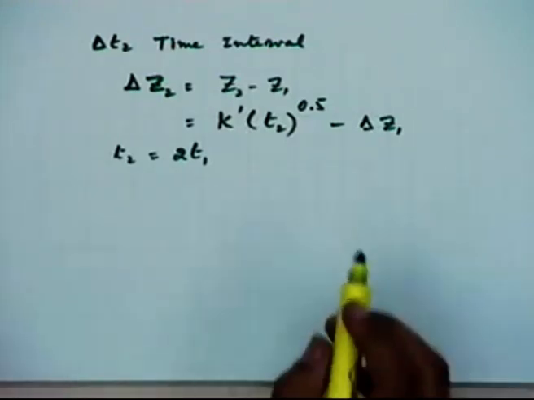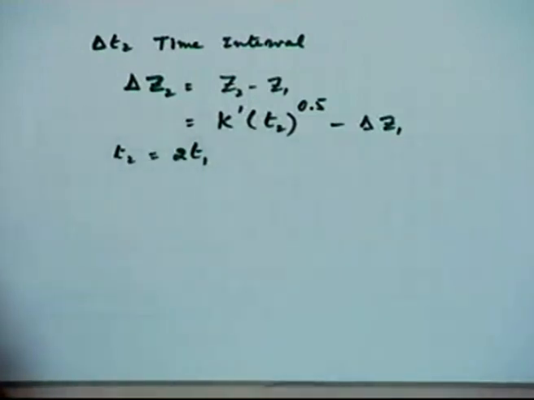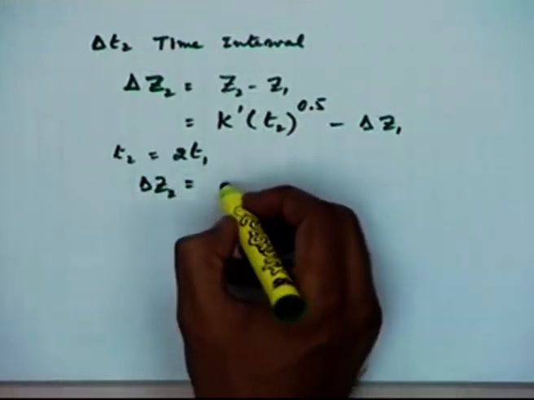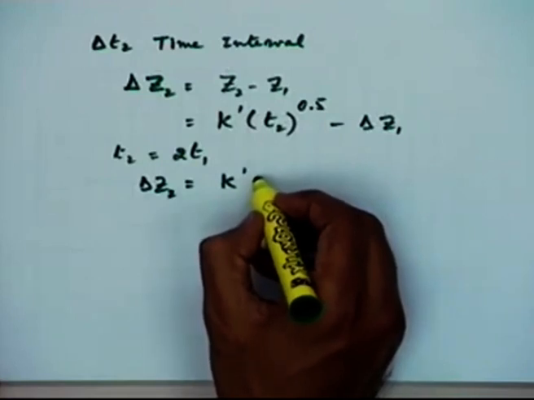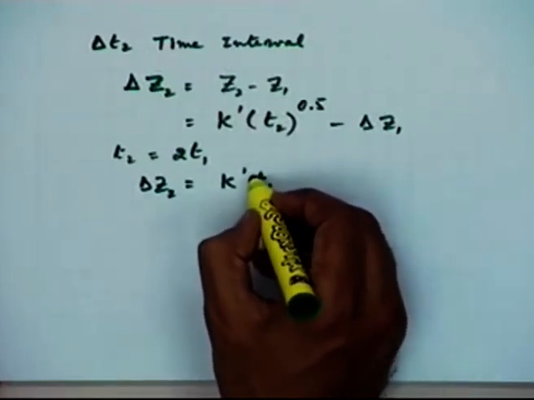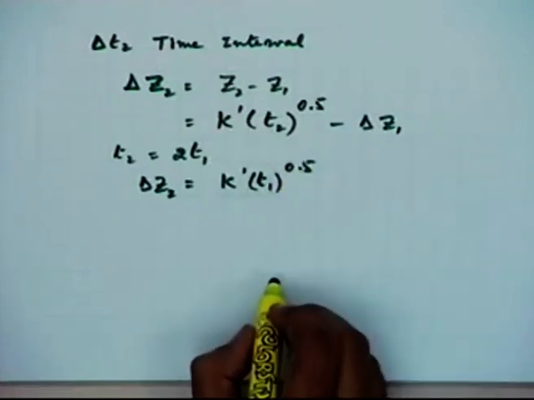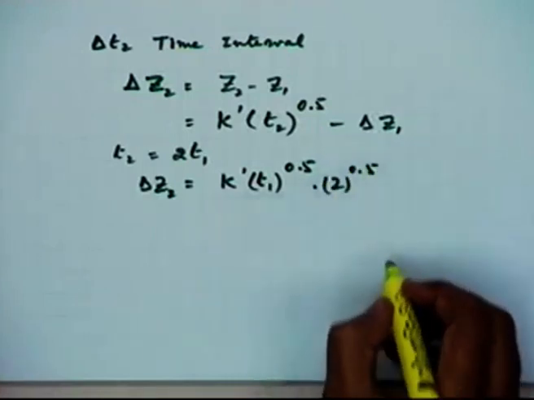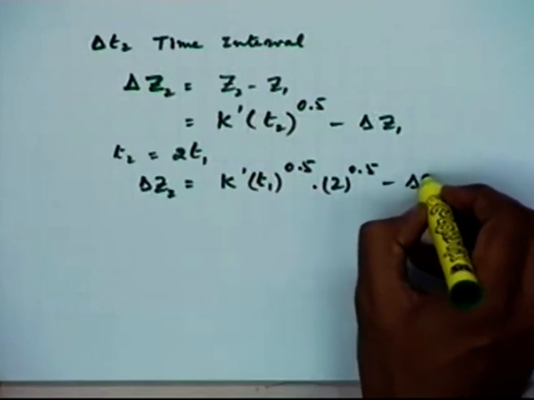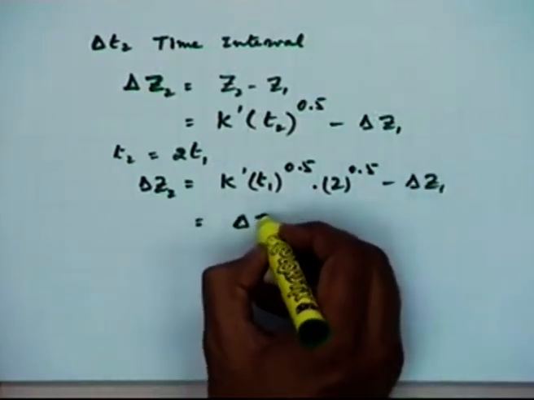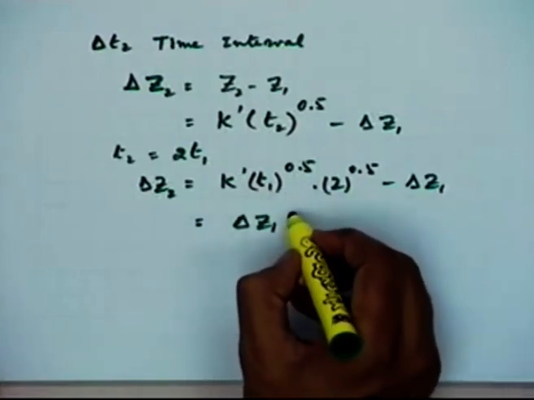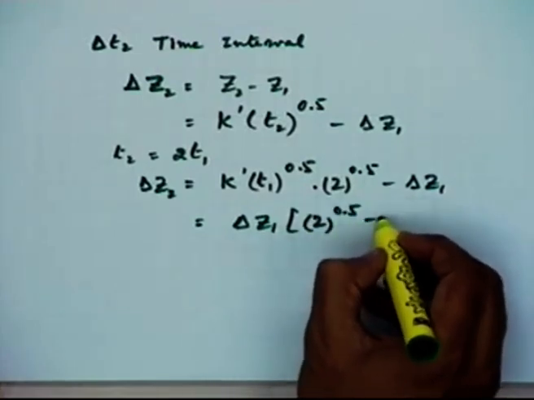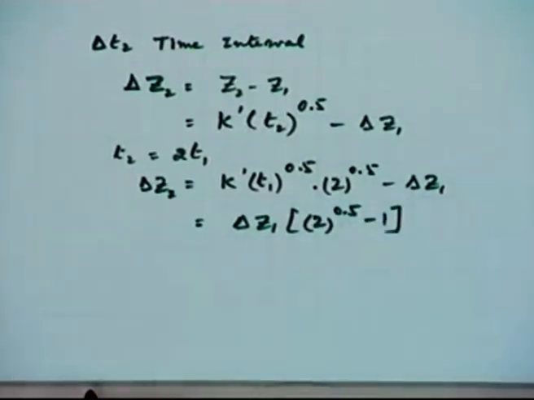If you substitute that, your delta Z2 will be K dash into T1 to the power 0.5 into 2 to the power 0.5 minus delta Z1, which is nothing but delta Z1 into 2 to the power 0.5 minus 1.